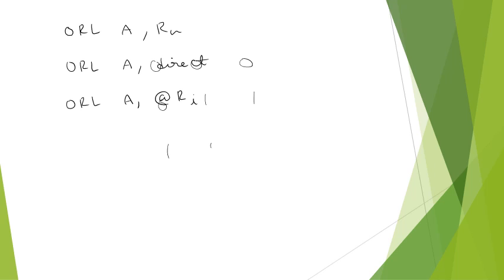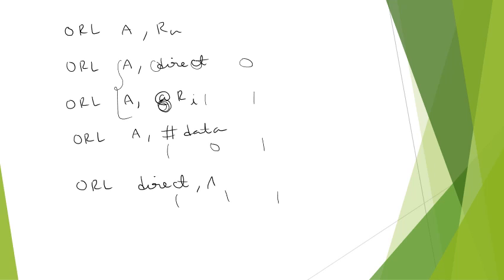So we have ORL A, RN, ORL A, direct, ORL A, at RI, ORL A, hash data, ORL direct, A, ORL direct, hash data.